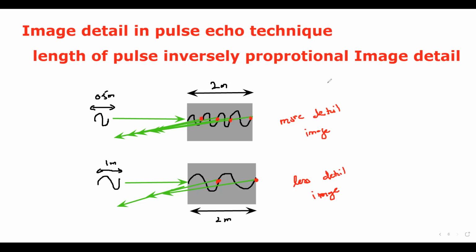So to make a more detailed, more prominent image of the object, we should use a pulse with a shorter length. Is the concept of image detail clear? Any doubt till this point?